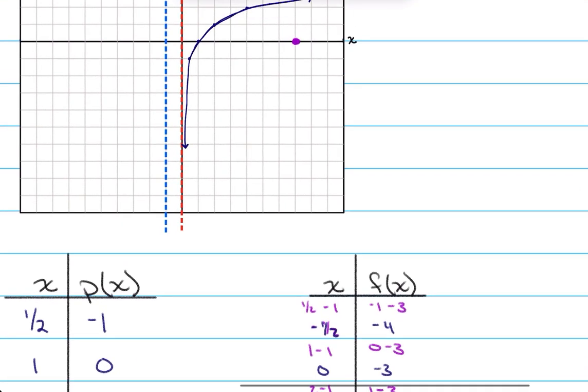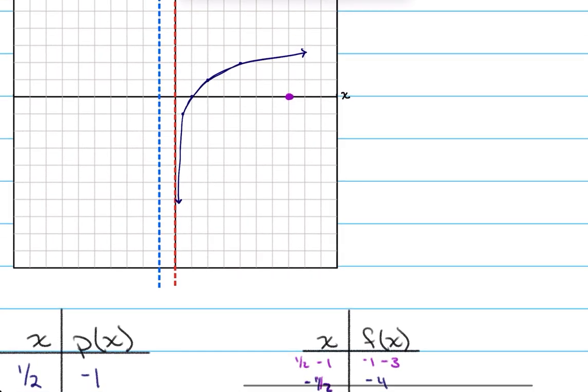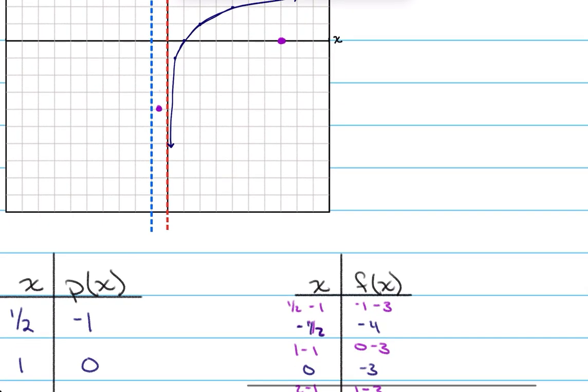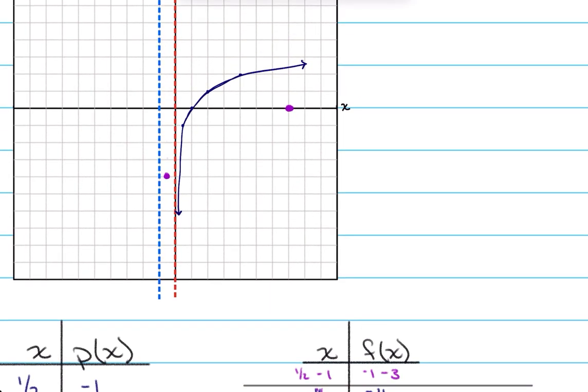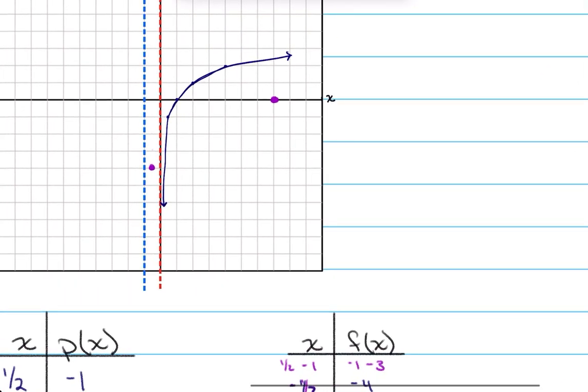So I'm going to plot those points. So I have (-1/2, -4), (0, -3), and so on. So everything got shifted. The next one, 0, -3. So if we look, that's 1, 0, and remember, we're going to shift it 1 to the left to 0, and then down 3. 1, 2, 3.